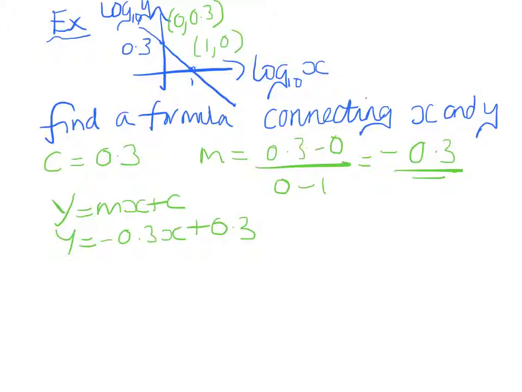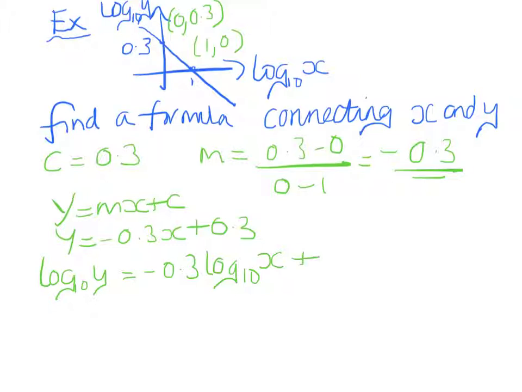And I'm going to now substitute in my logs. So my y-axis is not actually y, it's log to the base 10 of y, and my x-axis is not actually x, it's log to the base 10 of x. So I'm just going to sub these in. Log to the base 10 of y equals negative 0.3 log to the base 10 of x plus 0.3.